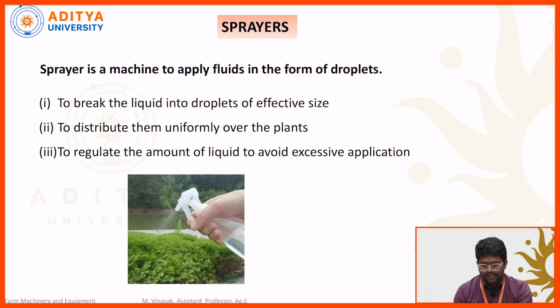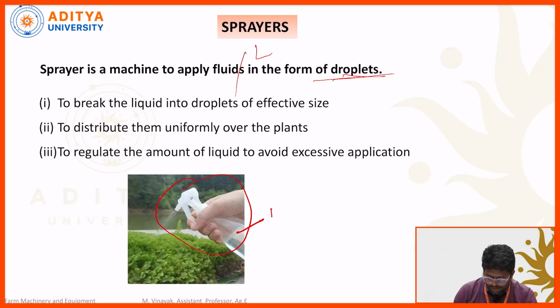Next one is sprayers. A sprayer is a machine to apply fluid in the form of droplets. It is a machine that applies the fluid, whatever liquid is present in a tank or any other substance, to the plant material in the form of droplets; that is called a sprayer. Let us take this image.